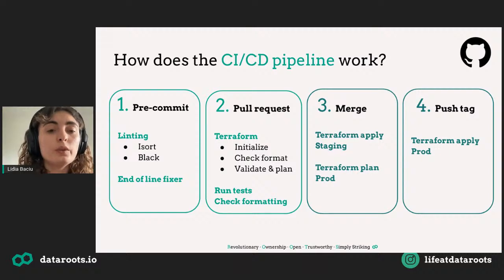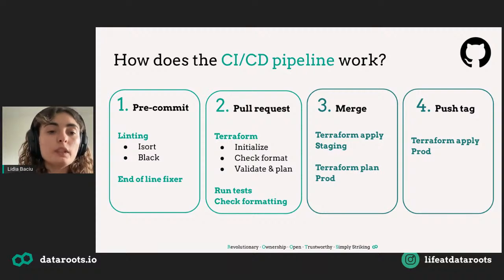After the code is pushed on your branch, you can create a pull request to merge the changes in the master branch. And here the tests will run and the formatting will be checked. But most importantly, here is the Terraform part. It's going to initialize, check the format, validate, and most importantly, plan. So now you will be able to see everything that is going to happen in the staging environment.